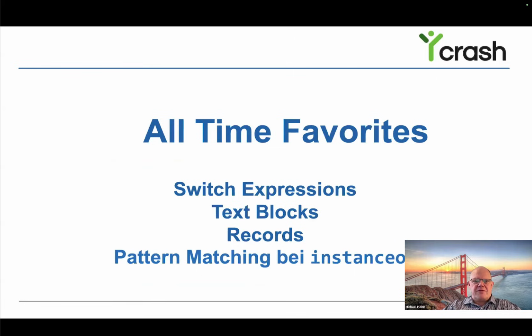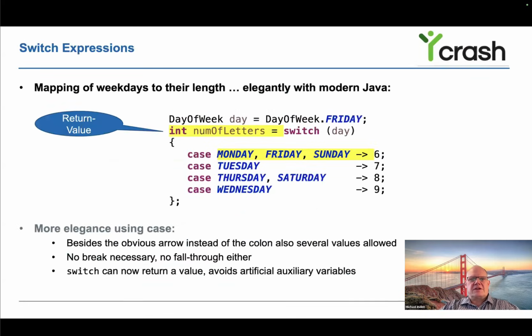Four of them, but four which are really important to make your code more clear, concise, and robust. So the first is switch expressions. If we look back, when Java was created, you had to make the language attractive to C++ programmers.